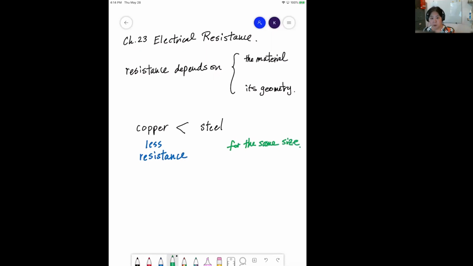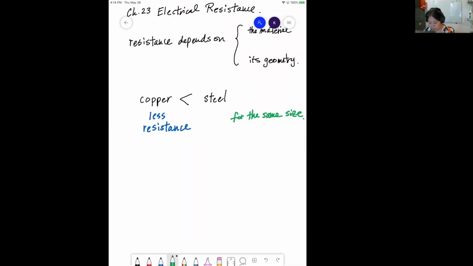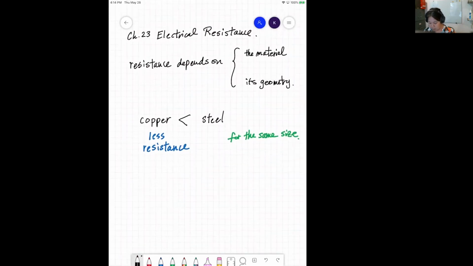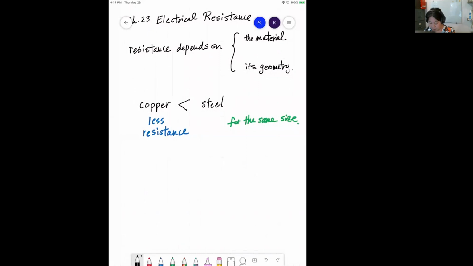So it depends on the material. Let's imagine this is like a river, right? If you have a height difference, water flows. Like a river coming down, then the water flows. If it's completely flat, you need inertia. But to maintain the flow of the water, you have to have a height difference.